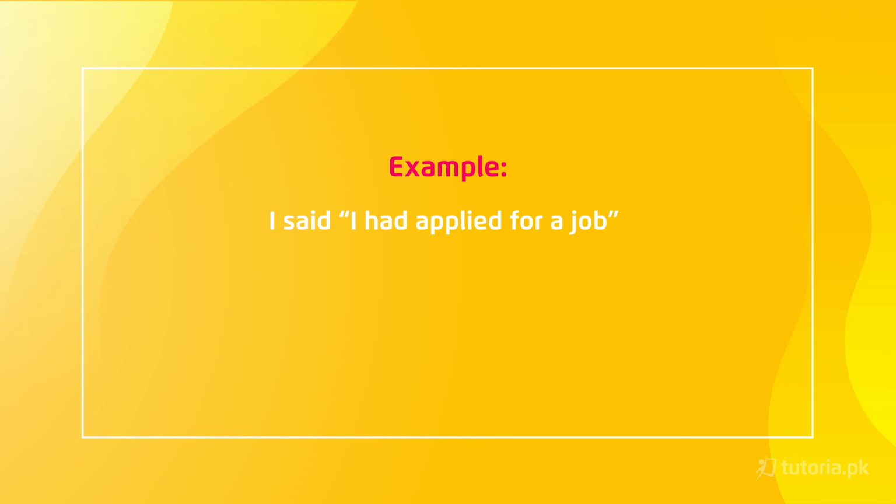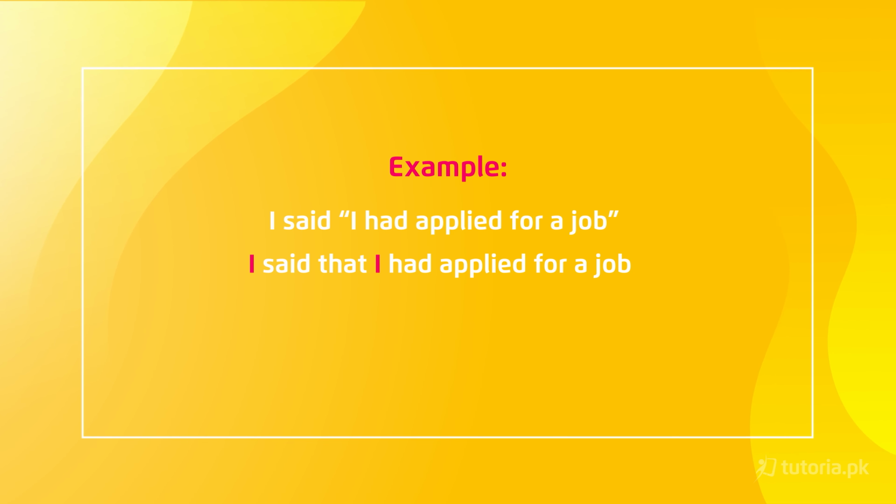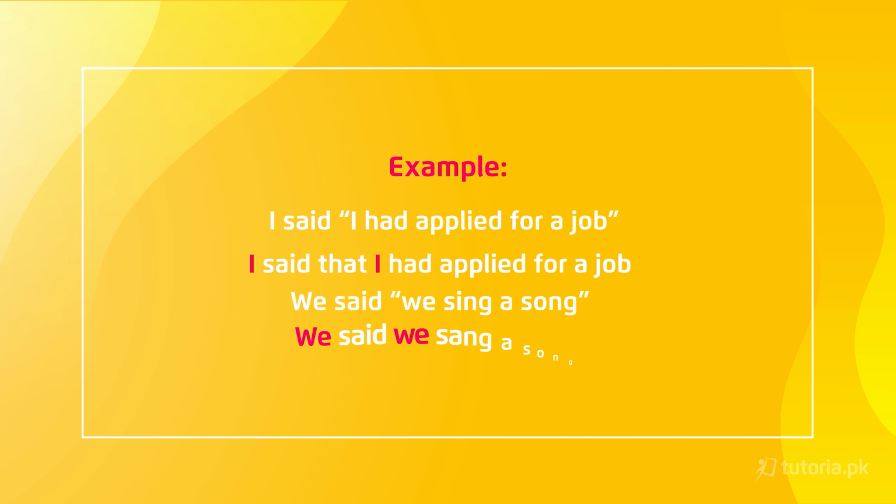In indirect speech: I said that I had applied for a job. Here the first person pronoun of the reported speech is not changed in the indirect speech. We said, "We sing a song." We said that we sang a song.